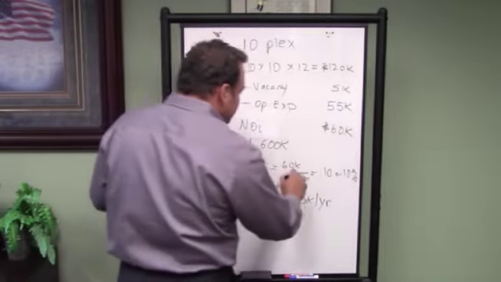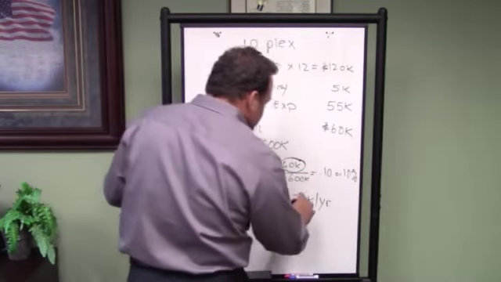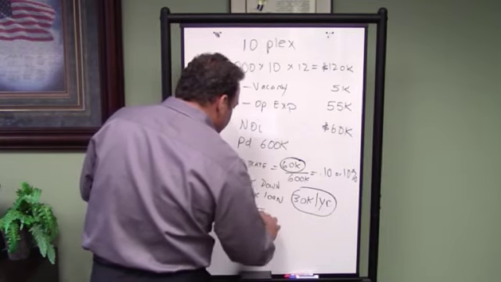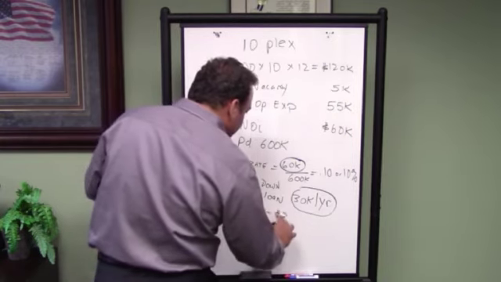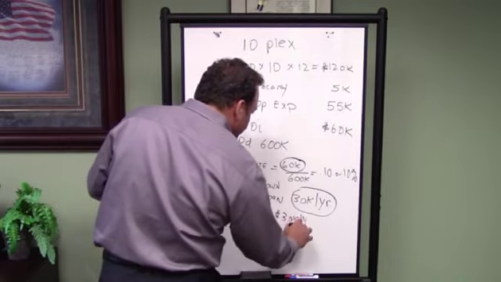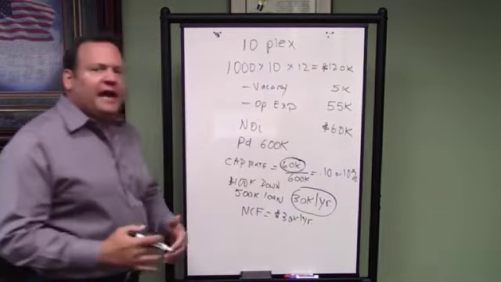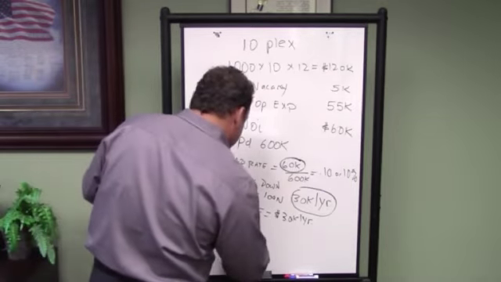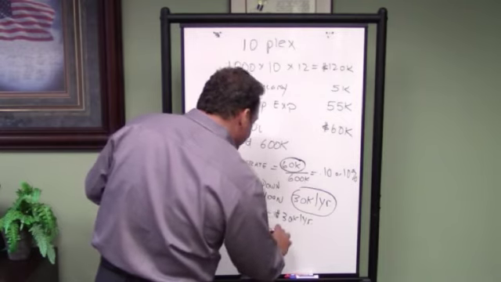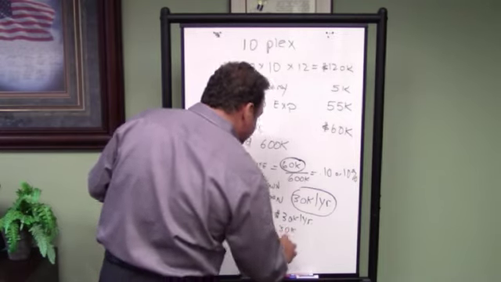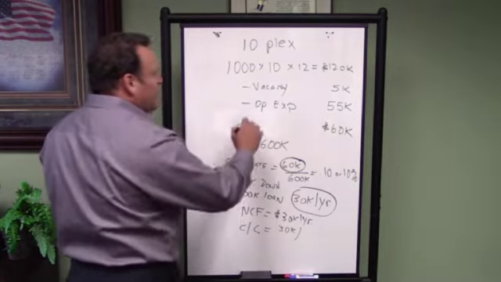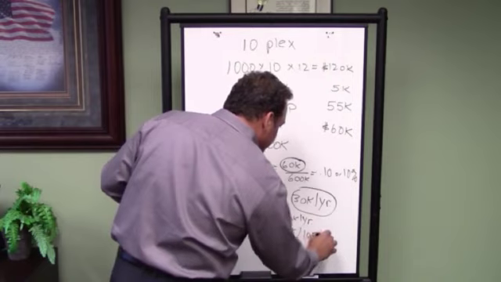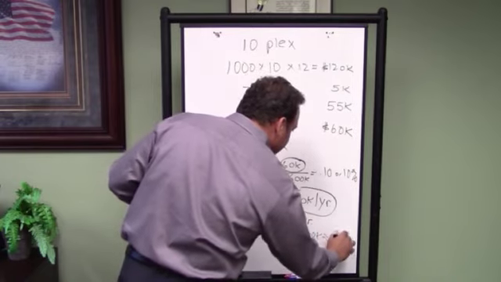So if we take our 60,000 NOI and we subtract our $30,000 mortgage payment, our net cash flow is what? $30,000 per year. What is our cash on cash return? It would be $30,000, our net cash flow, divided by the $100,000 we put down, which equals a 30% cash on cash return.